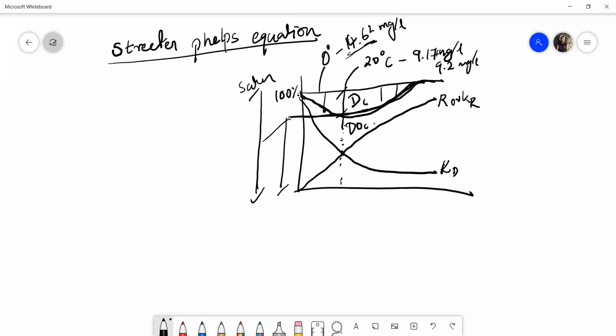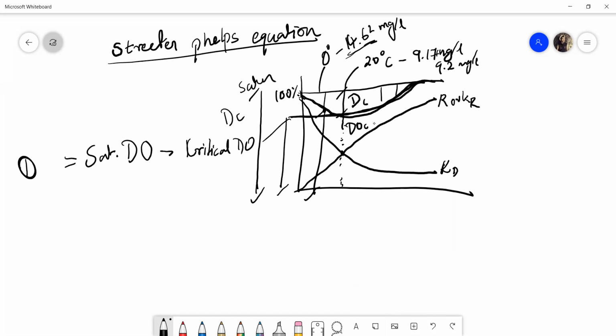At this point, what is the DO? The bottom part is the DO part. So to find the critical deficit DC, it is nothing but saturation dissolved oxygen minus critical dissolved oxygen, from this part to this part. That will give you the oxygen deficit.